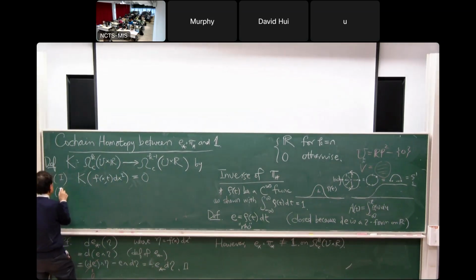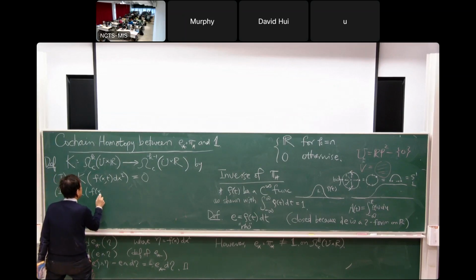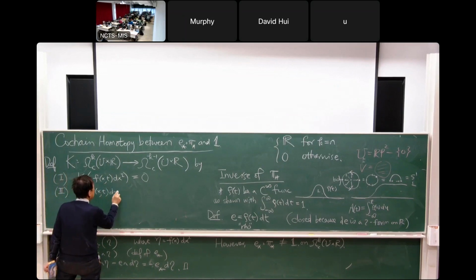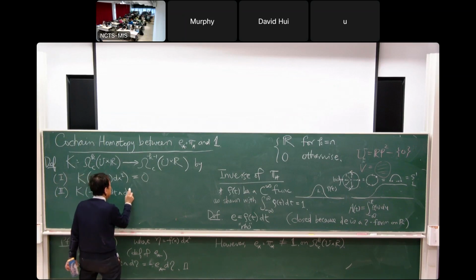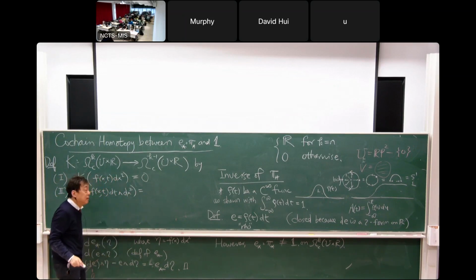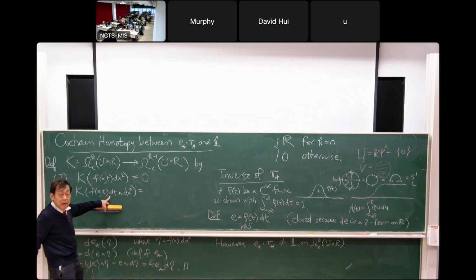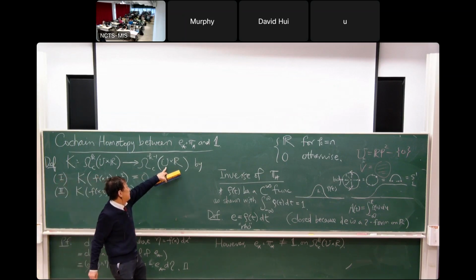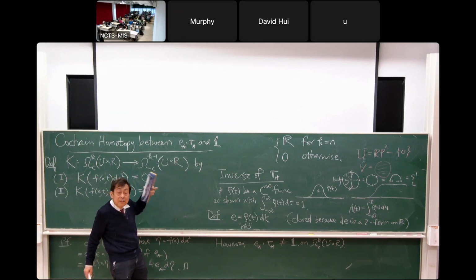And then on type 2 forms, you're going to integrate this f. However, you want to end up in U cross R, so you want to keep that t.